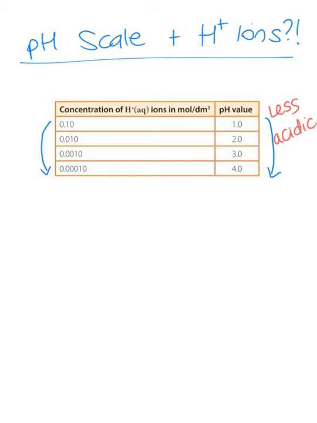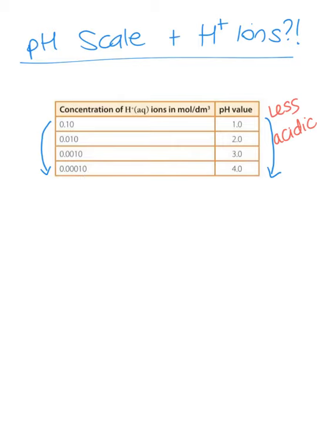Okay, so I've got my concentration of H plus ions, my pH value increasing. Let's say I started with a 0.1 concentration of H plus ions in moles per decimeter cubed. If I divided that by 10 or diluted the solution by a factor of 10, I increase the pH value by 1. If I then in turn dilute it by a factor of 10 again, I increase the pH value by 1.